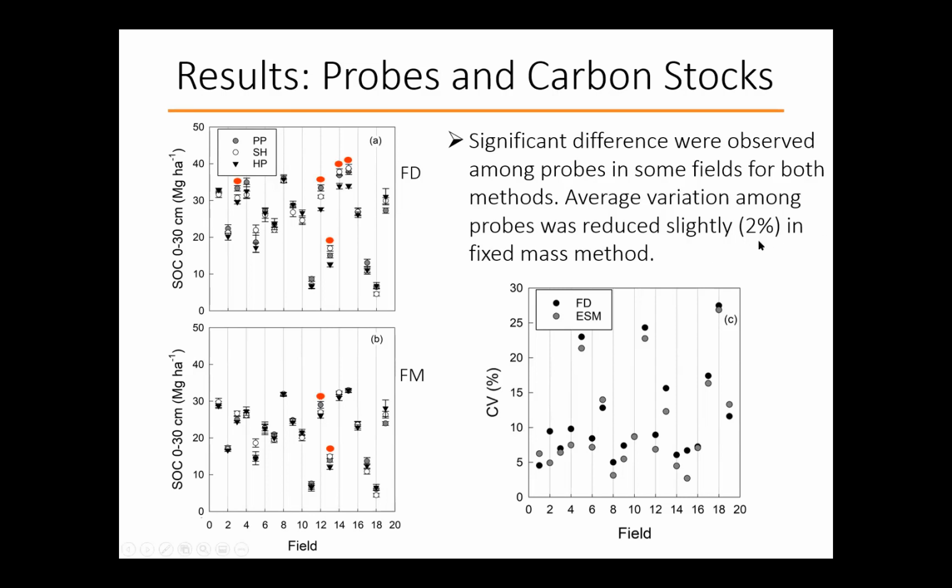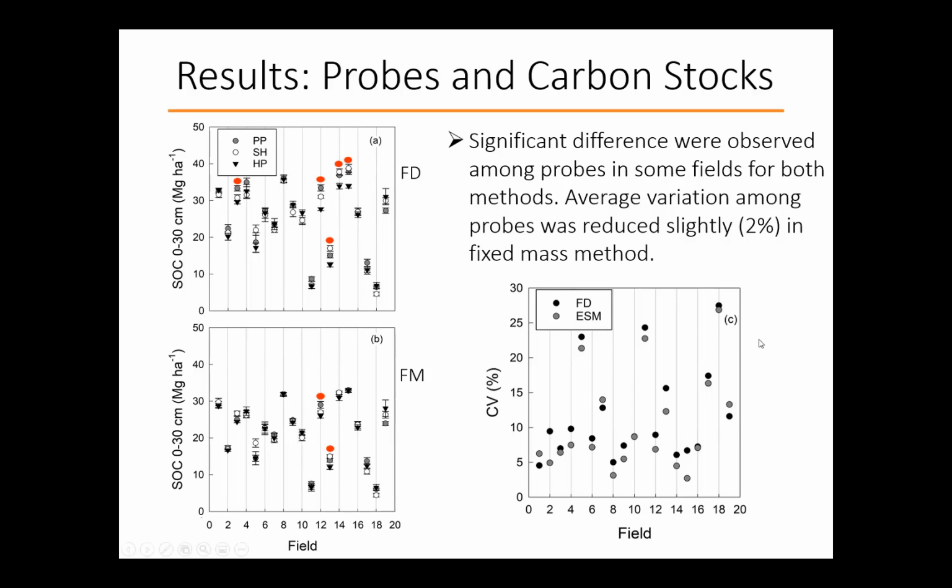It was only 2%. So what I can say from this is that for both methods, you can see significant differences between the probes, but the variation might be reduced in the fixed mass method, though with this data it was very slight, only 2%.